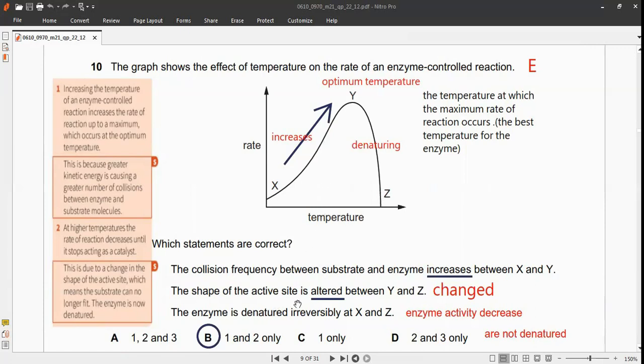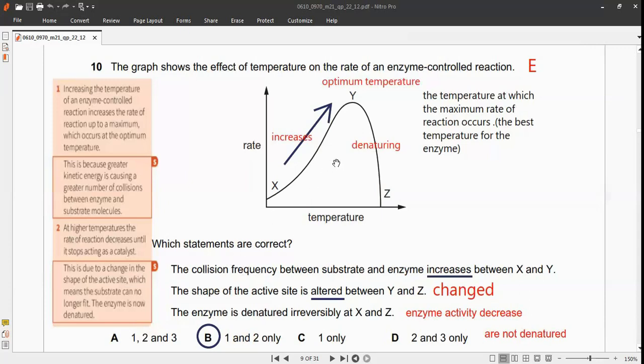The shape of the active site is altered, changed, between Y and Z. Yes, changed. The temperature at which the maximum rate of reaction occurs is the best temperature for the enzyme. Increasing temperature of an enzyme-controlled reaction increases the rate up to a maximum, which occurs at the optimum temperature. Why? Because greater kinetic energy causes a greater number of collisions between enzyme and substrate molecules.